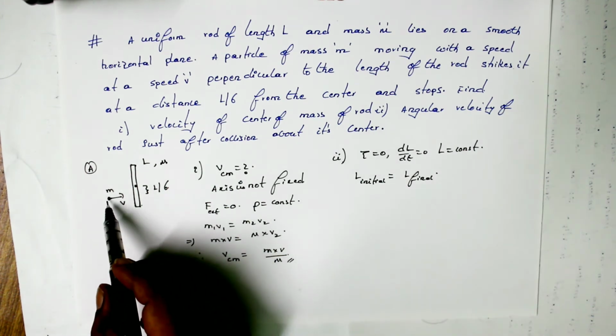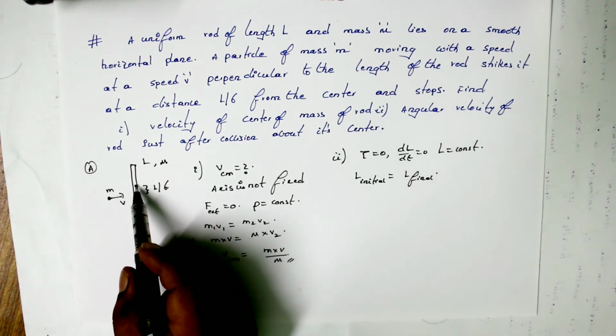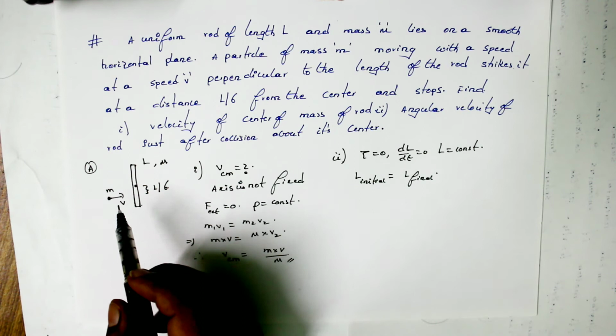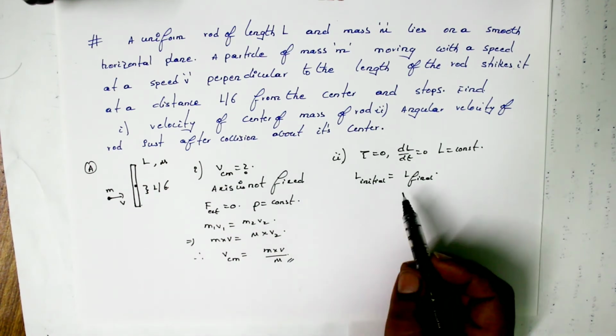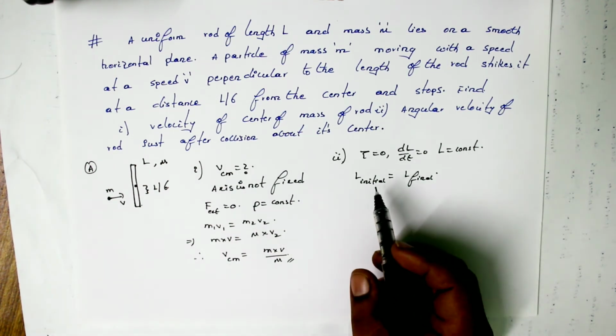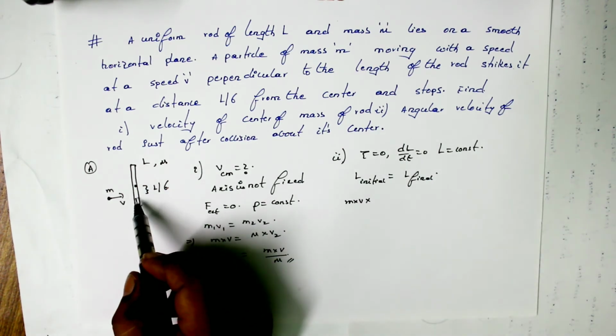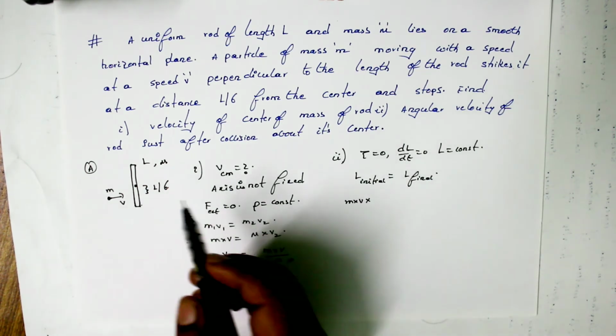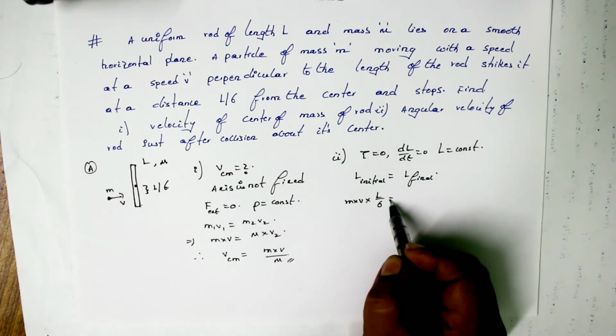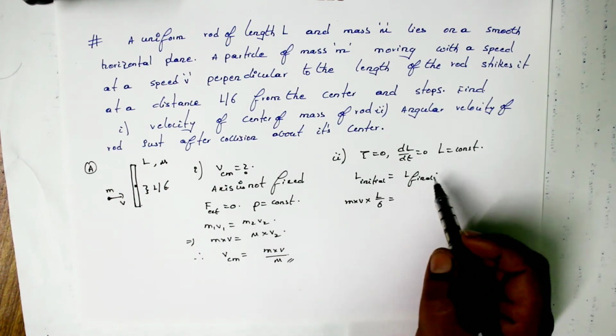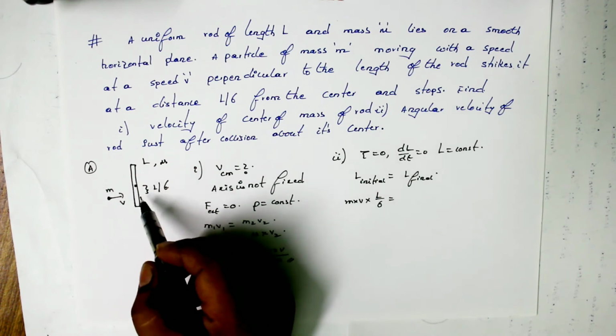Initially only this particle was having angular momentum about the center, and this is translational angular momentum, which we can write as m into v into the distance from the center of this rod, which is L by 6. And final angular momentum: only the rod is having angular momentum.